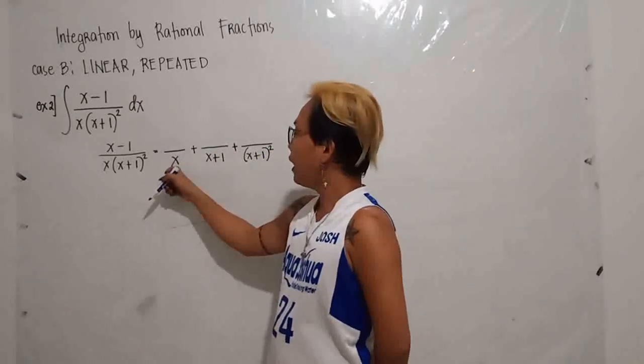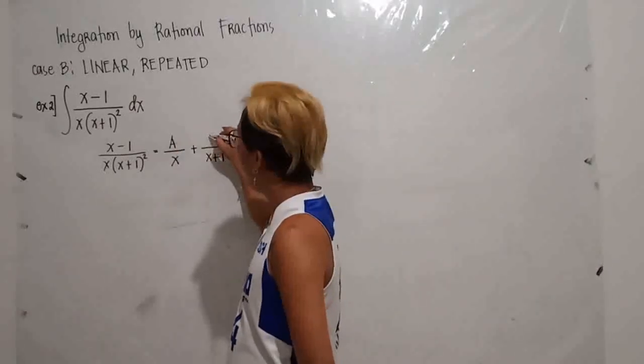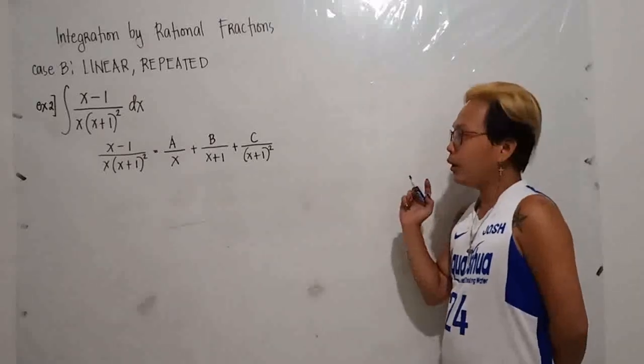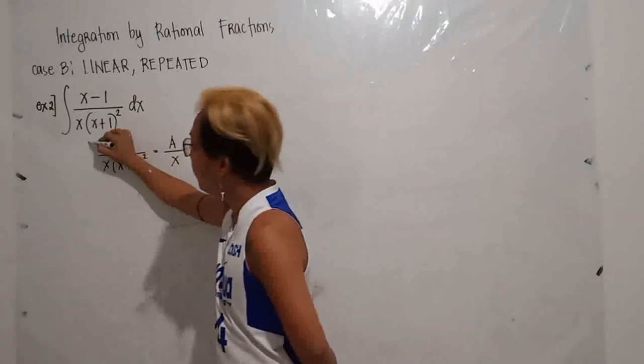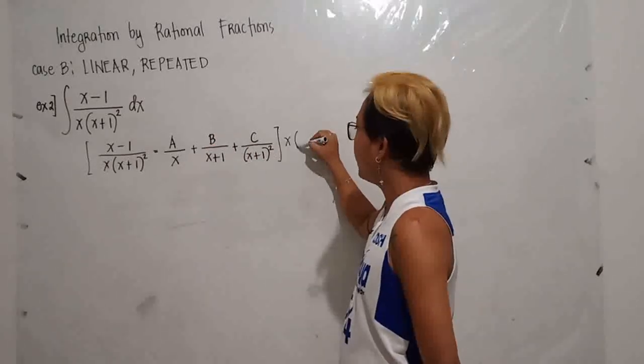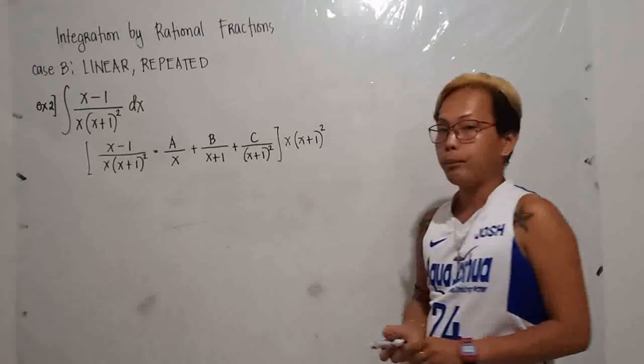So, in that case, we will have 3 fractions. So, you will assign as A, B, and C. Now we will find the value of A, B, and C. Simplifying this equation by multiplying it to x, then x plus 1 squared.